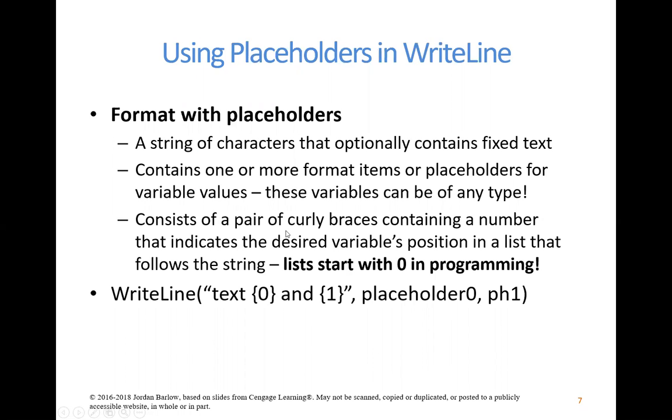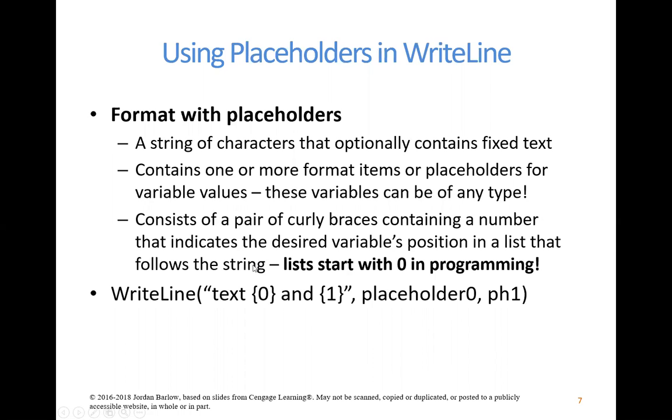Anytime we use lists in programming, and you're going to see this a lot as we go throughout the term, lists start with 0 instead of with 1. So you always count 0, 1, 2, 3, 4, etc. when you're using lists in C# and in most programming languages.